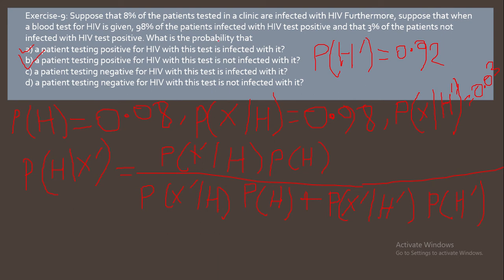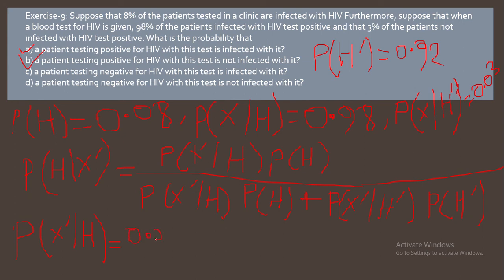So if he is infected, there is a 98% chance he will be tested positive, and the rest, 2%, will be tested negative. That means P of X prime given H is 1 minus 0.98, which is 0.02.